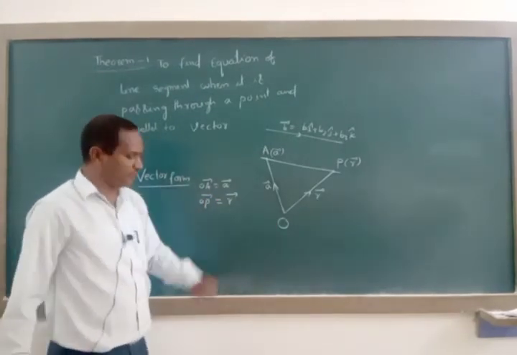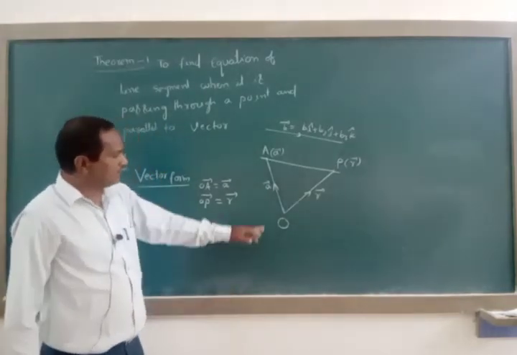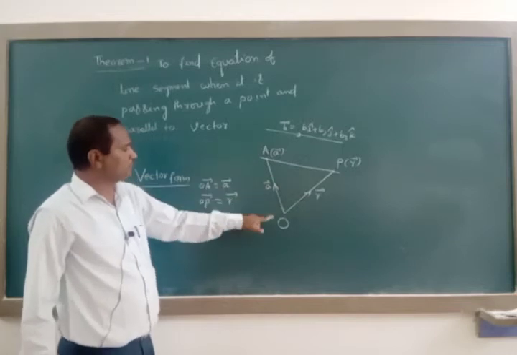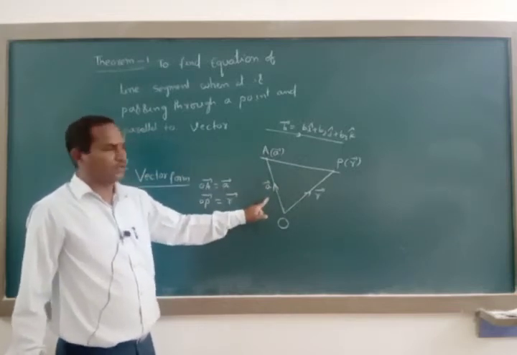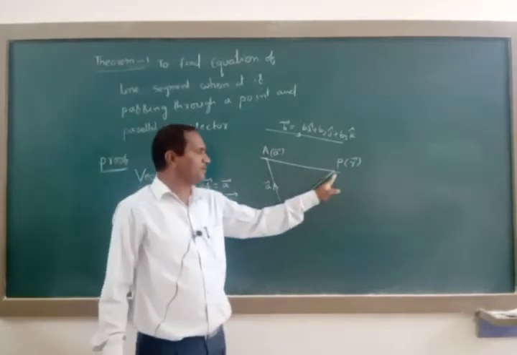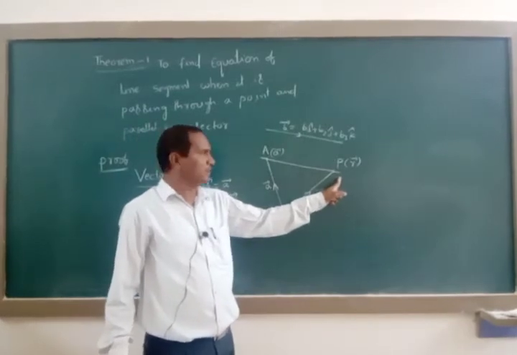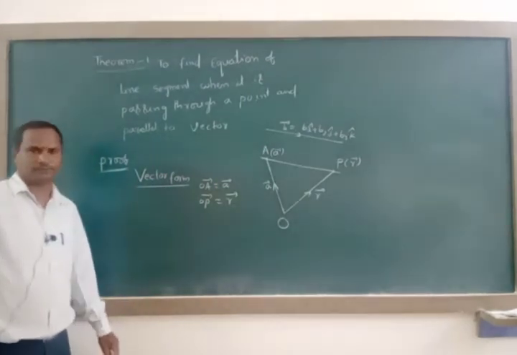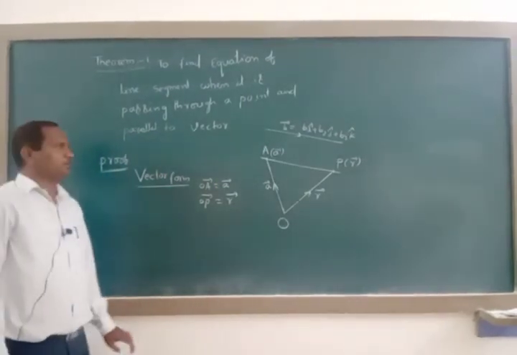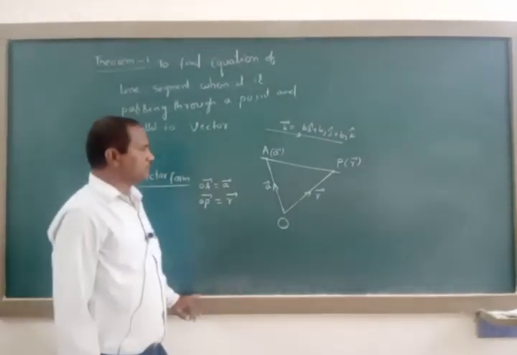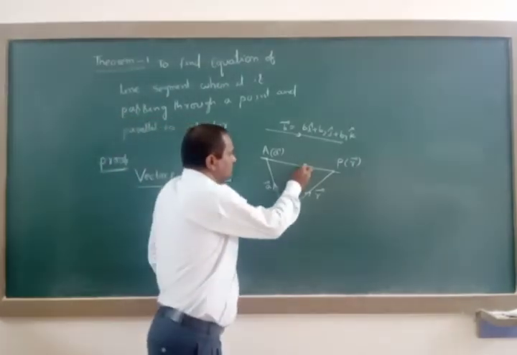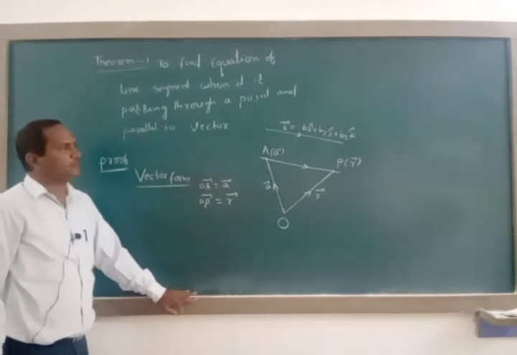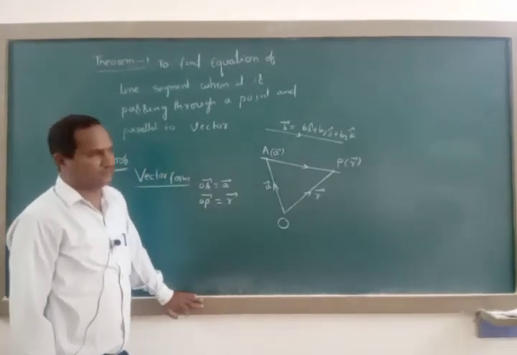Let O be the fixed point and let the line pass through a point A with position vector OA bar equal to A bar, and let P be any point on the line AP, with position vector OP bar equal to R bar. Clearly, observing the diagram, the direction of the line is A to P. At the same time AP is parallel to the vector B bar.